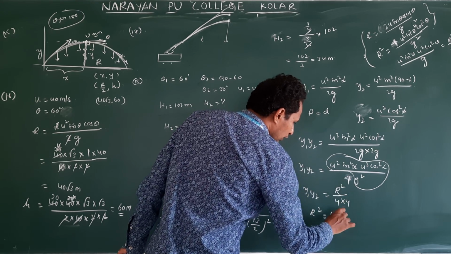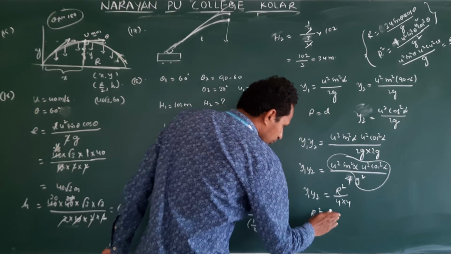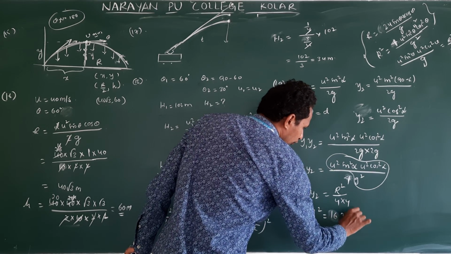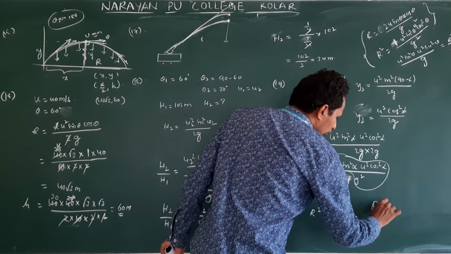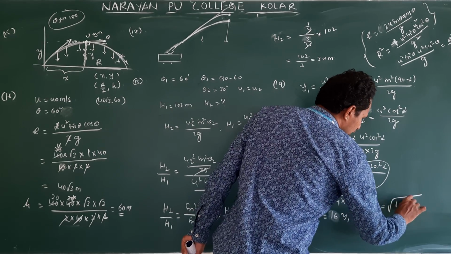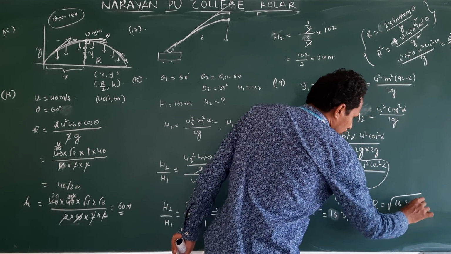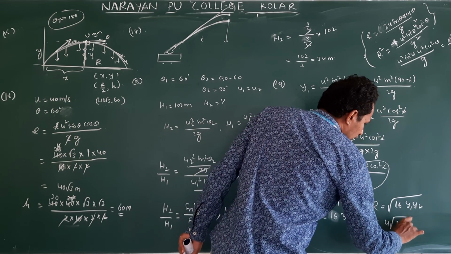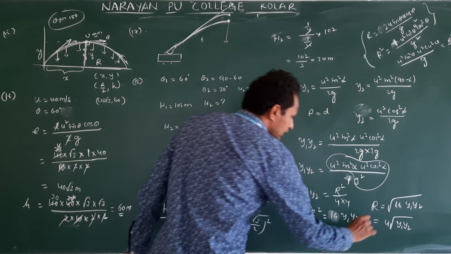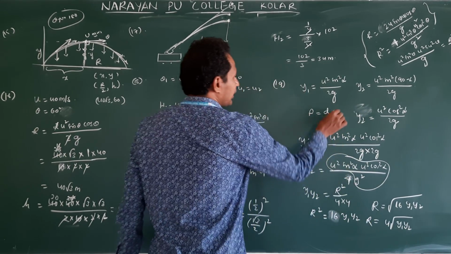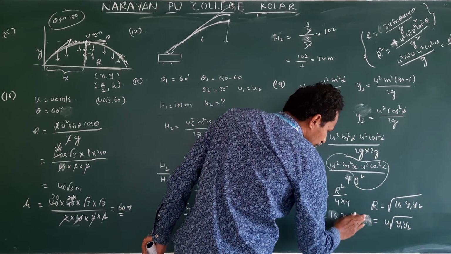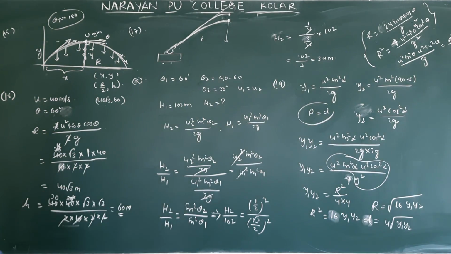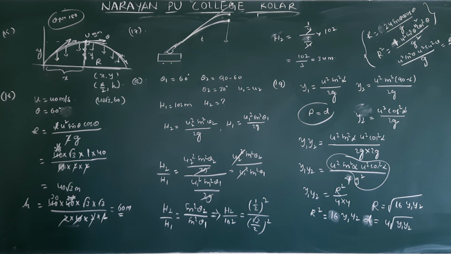So R square is 16 y1 y2. Then R is equal to the square root of 16 y1 y2, and root 16 is 4, so 4 root y1 y2. So what is the relation now? This R they mention as d. So we can write d is equal to 4 into the square root of y1 y2. Clear?